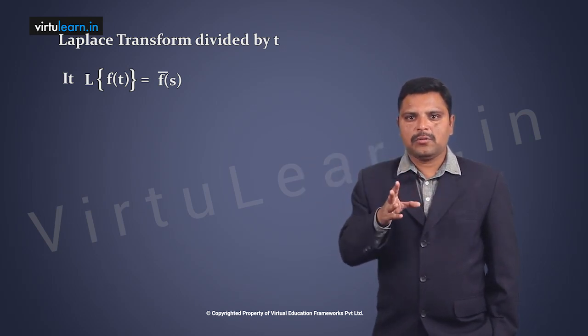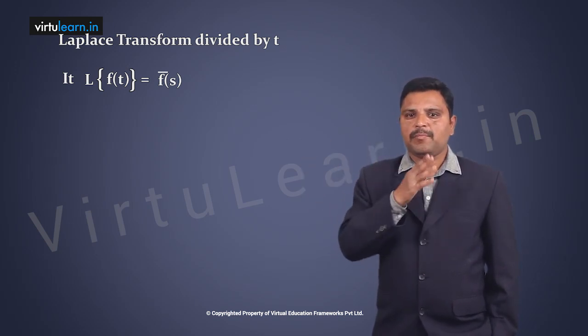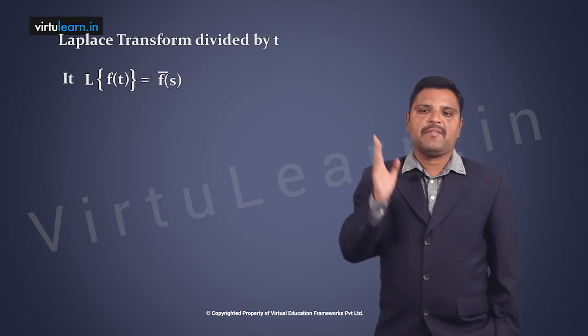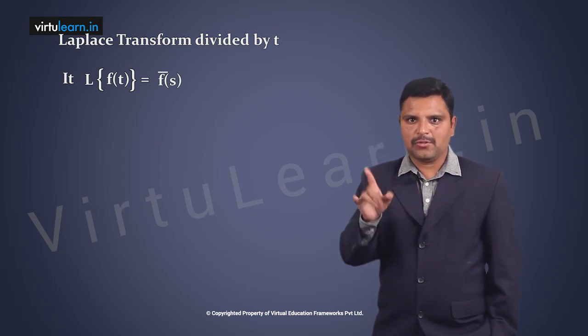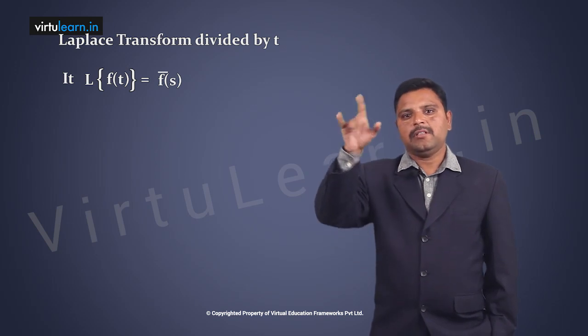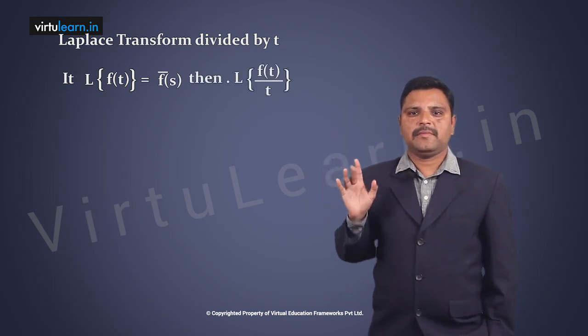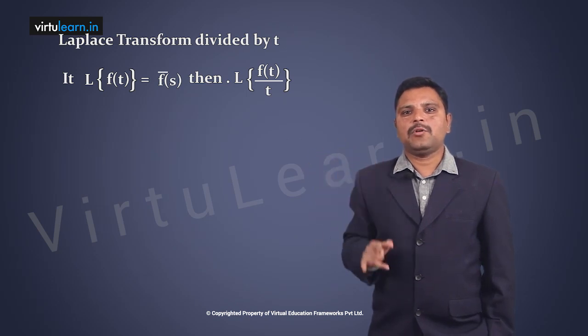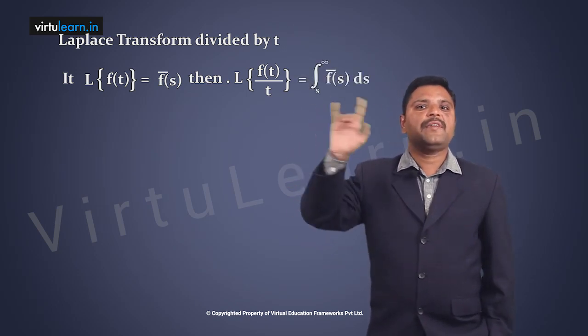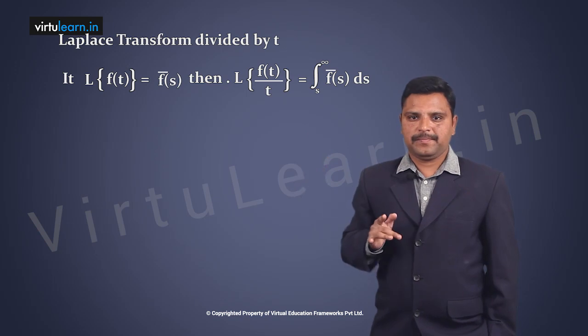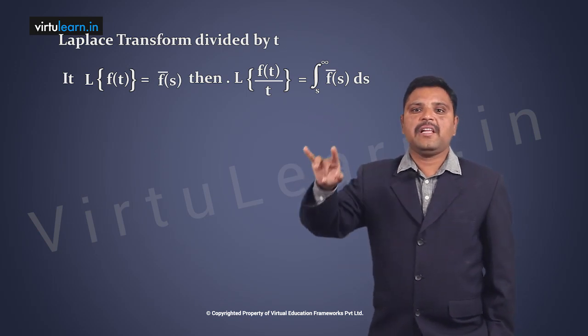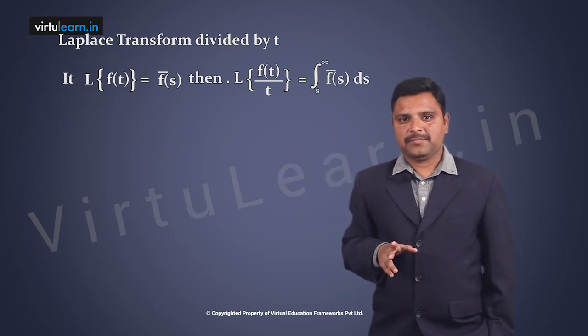If it is unknown, then you calculate f bar of s by applying the Laplace transform of the given f of t. Then the Laplace transform of f of t by t equals the integral from s to infinity of f bar of s ds.